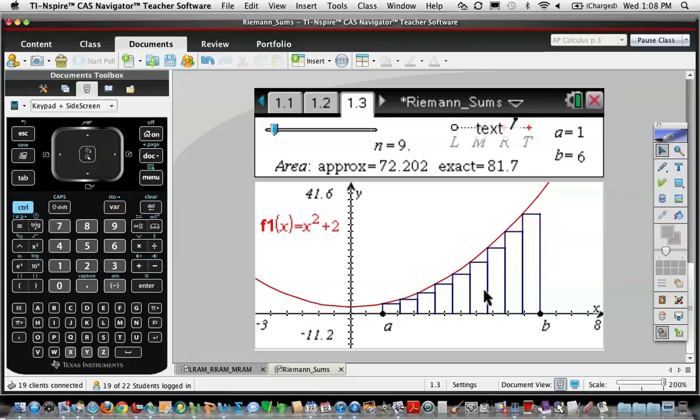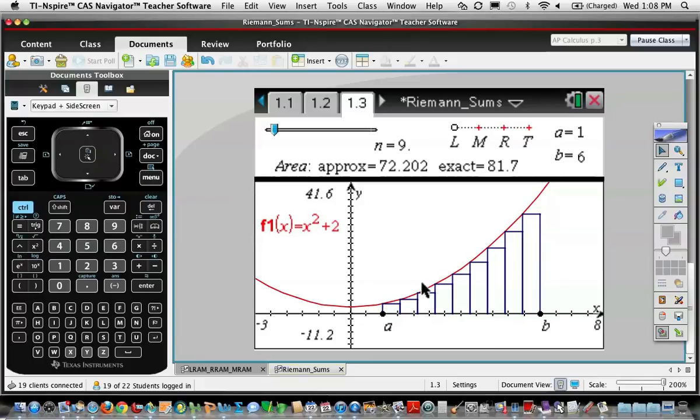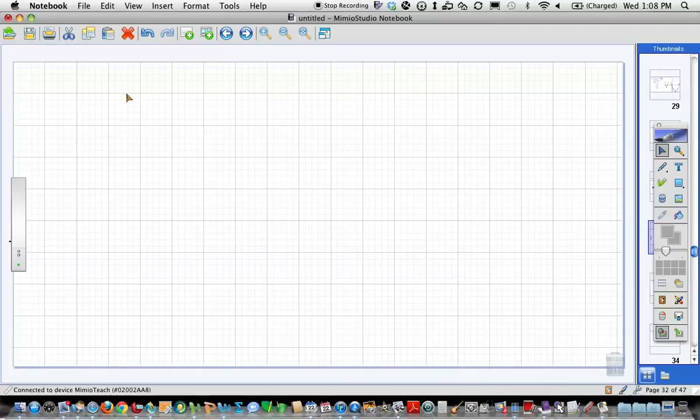And some of them look like they're just kind of in between somewhere. That's a Riemann sum. So we're going to write down the definition of a Riemann sum. You're not going to have to quote this word for word, but it is something we need to understand.